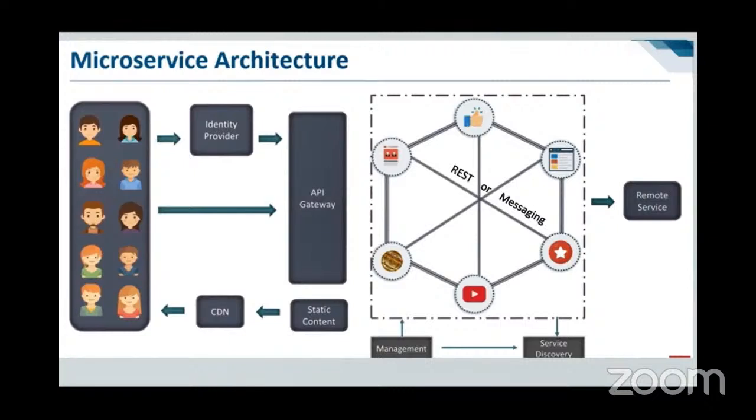It also does load balancing, wherein the traffic is distributed across servers equally. You can also see there is a CDN here. CDN is a content distribution network, wherein you have the content stored closest to the user.